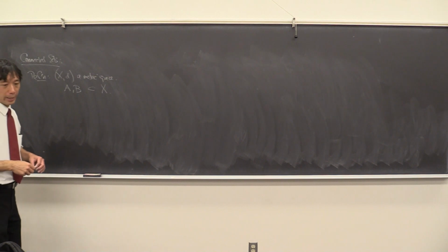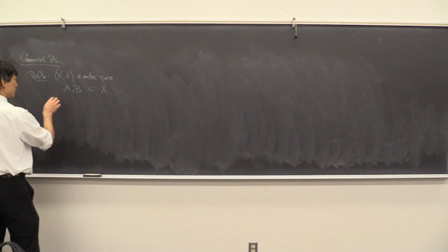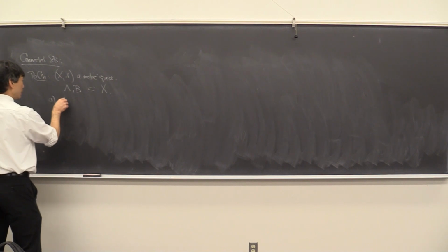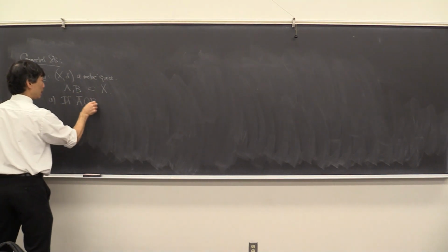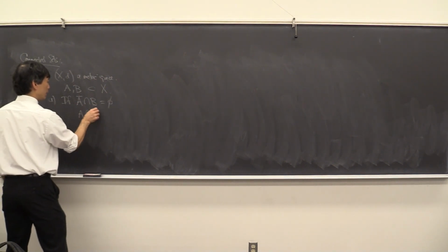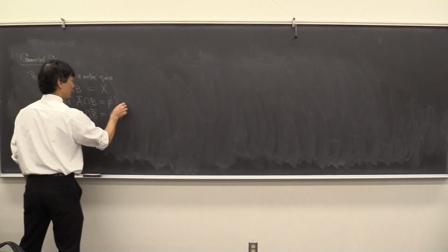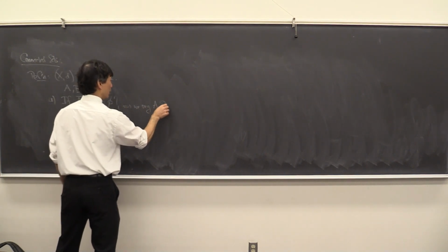Here's the initial definition: if A closure intersect B is empty, and A intersect B closure is empty, then we say A and B are separated.